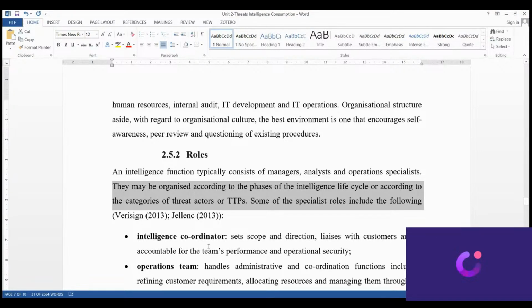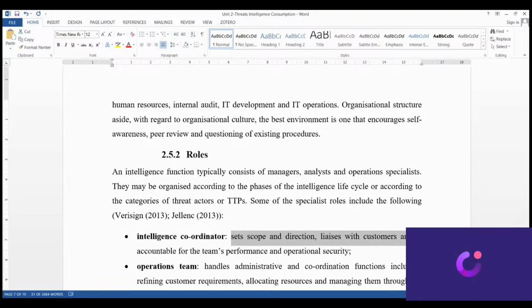We have the intelligence coordinator. This person sets the scope and direction. Then he or she liaises with customers and is accountable for the team's performance and operation security. So that's the intelligence coordinator.